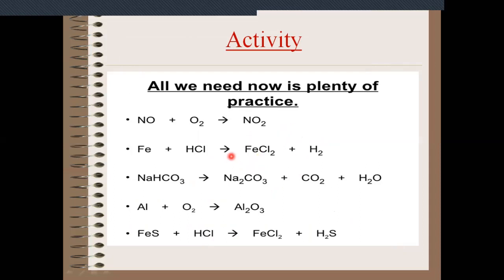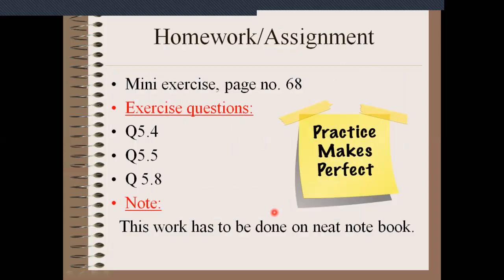This is an activity. You have to practice these equations, and after practicing these equations, you will be able to solve this homework or assignment. You have to solve the mini exercise, which is given at page number 68.